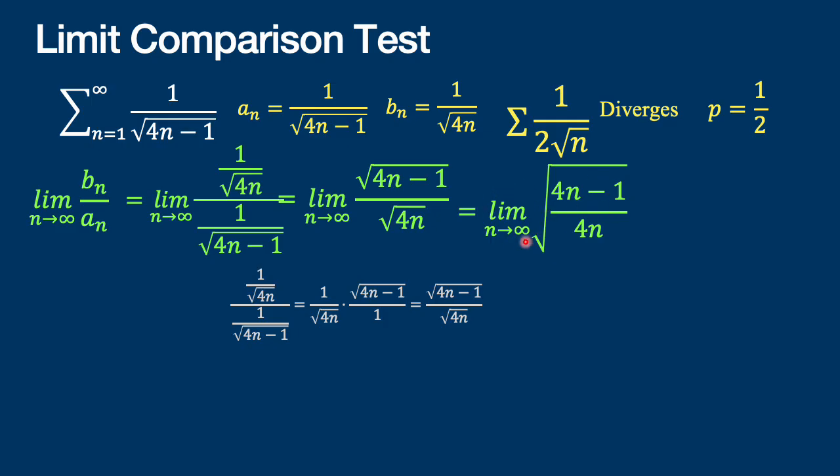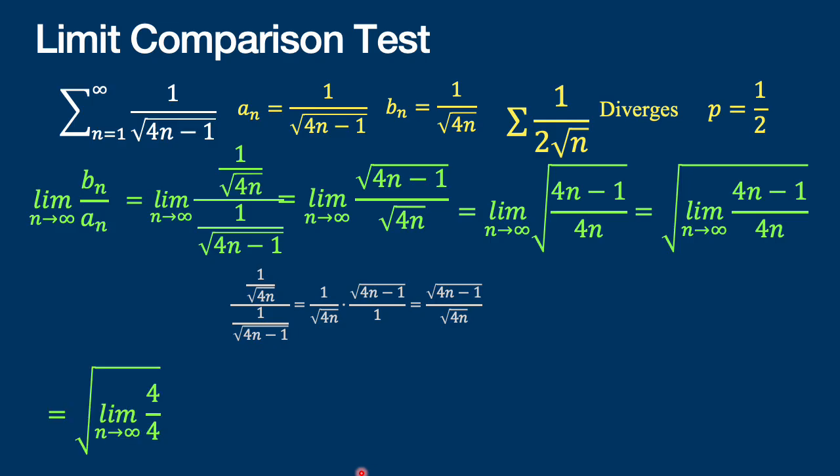Now put the square roots together. So you have the limit as n approaches infinity of the square root of (4n minus 1) over 4n. We learned how to evaluate this, right, guys? The limit goes inside the square root.